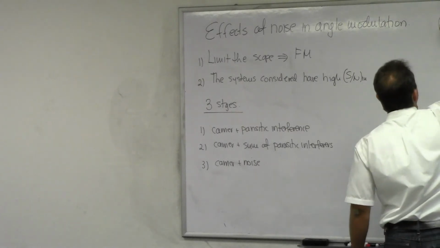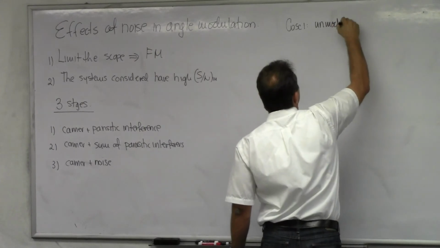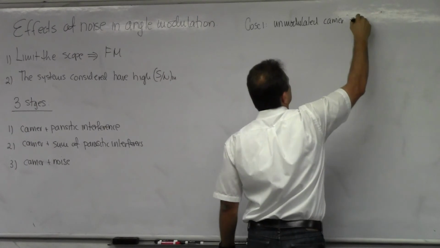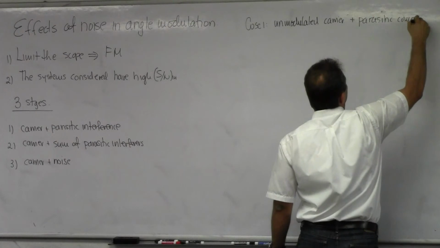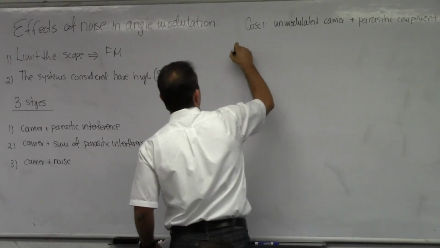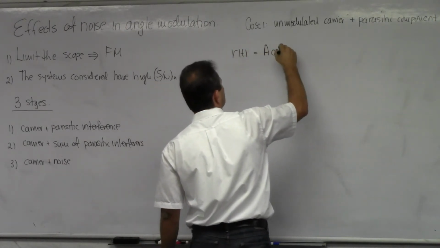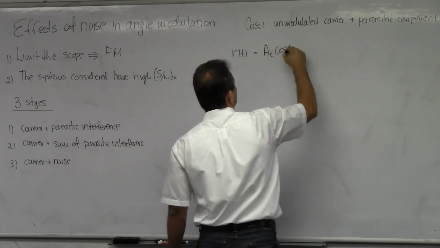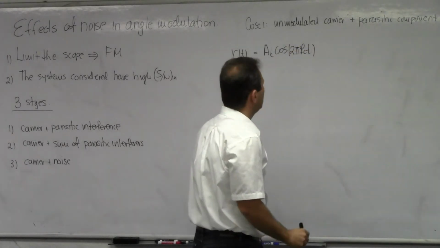So case 1, unmodulated carrier plus parasitic component. My signal here, r(t), is going to consist of 2 parts. A_C cosine 2 pi f_C t, which you recognize as the unmodulated carrier.